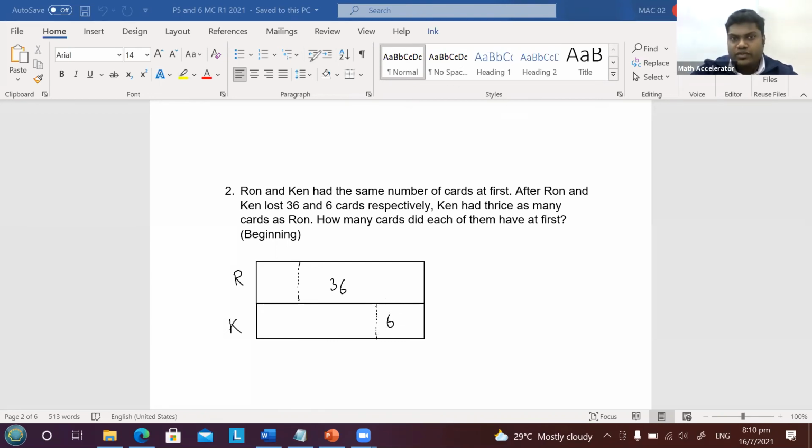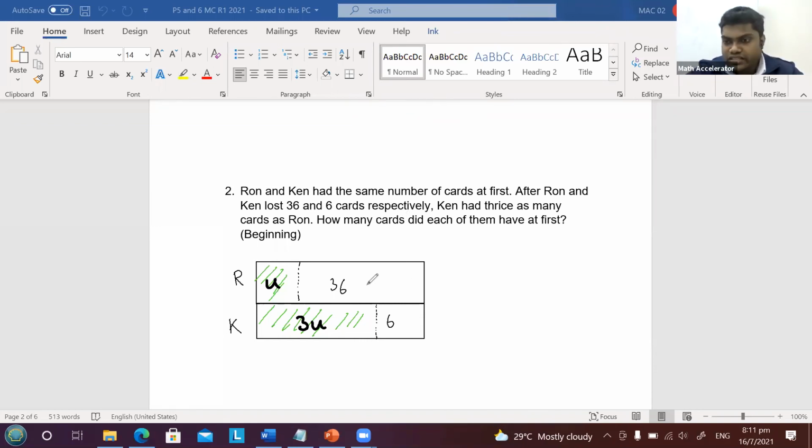So go and shade what is at the end. So it said that Ken had 3 times as many cards as Ron. So write down 3 units over here. Ron is 1 unit. Okay.